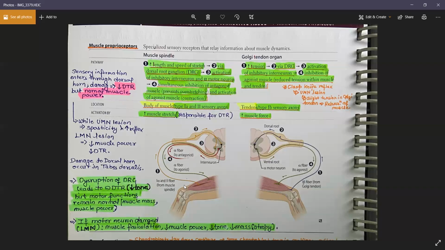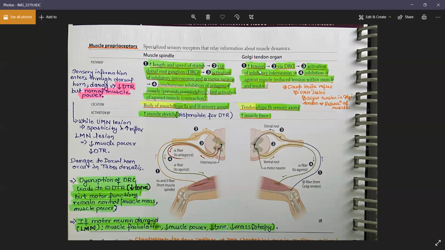Then the second type of receptor you have is the Golgi tendon organ. Whenever the tension in my muscle increases, let's suppose I want to lift a weight, but I know that this weight is too much for my muscle to handle. If I lift this weight, then my muscle can get damaged.